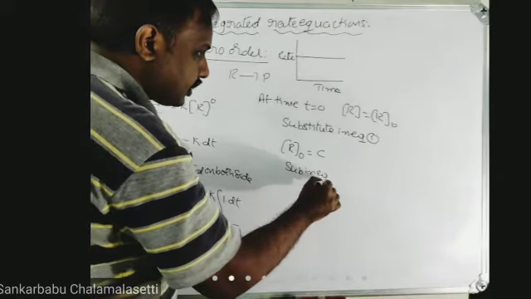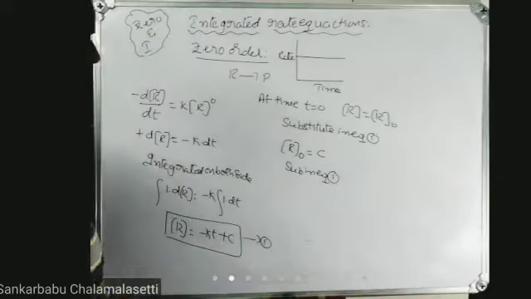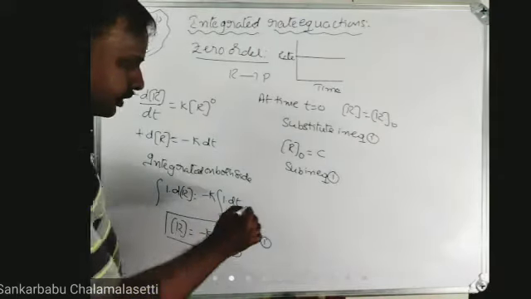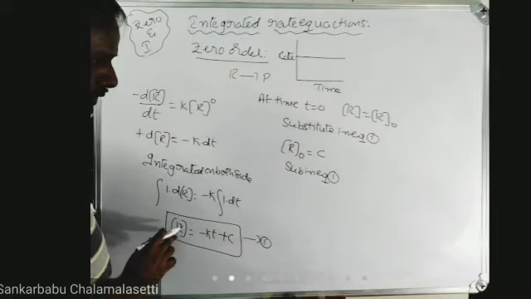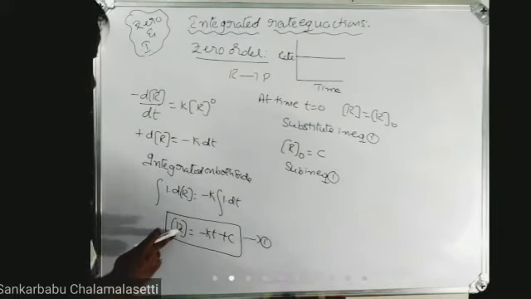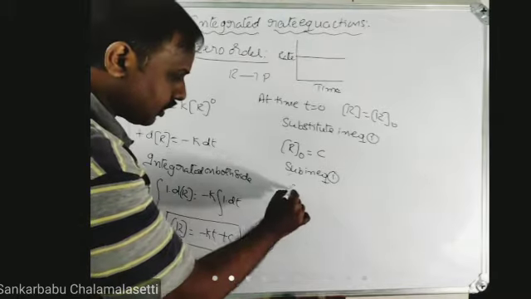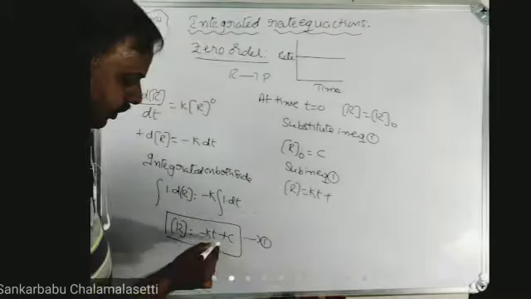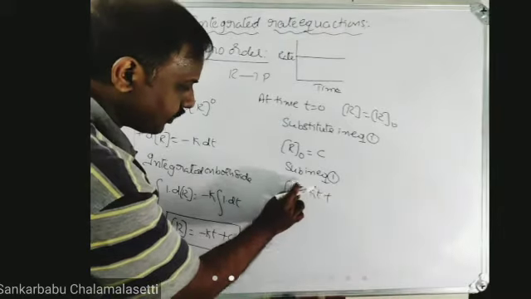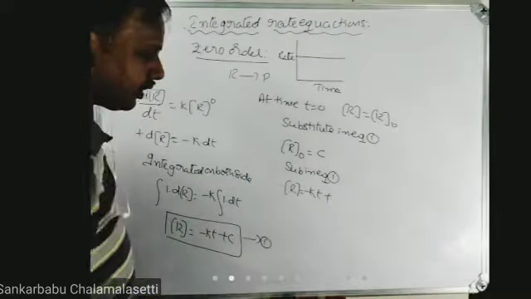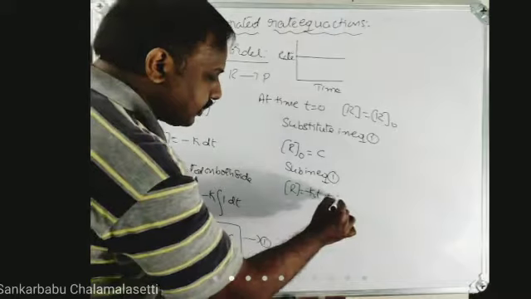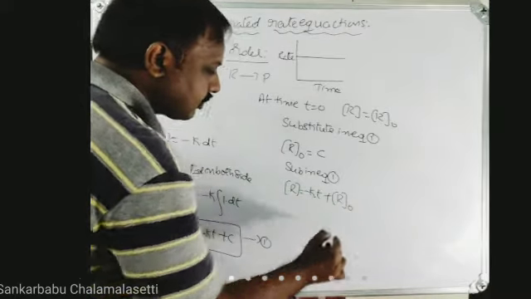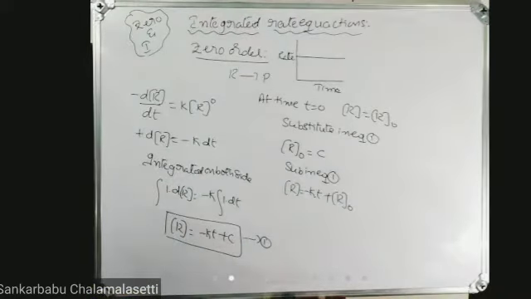So R is equal to minus kt plus c, where instead of c we can write R naught.